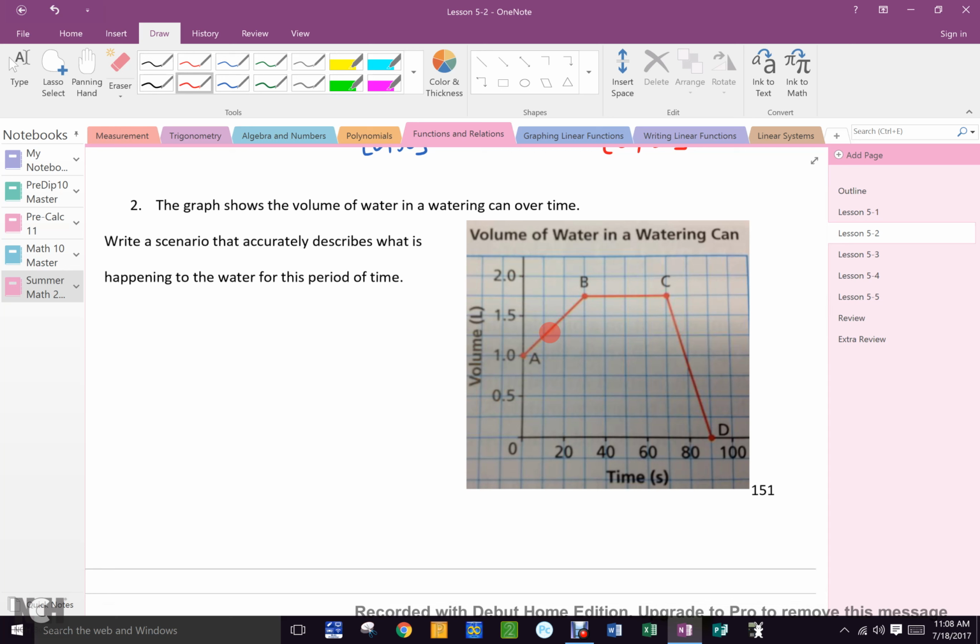I'm not going to give you bonus points if your story is good and interesting and has a beginning, a middle, and an end, and there is rising action and a climax, and there is conflict of man versus man, or man versus his environment. None of that matters. Just tell me what's happening. Go. You can talk to your neighbor. Just tell me something that could be happening in real life to explain this data.